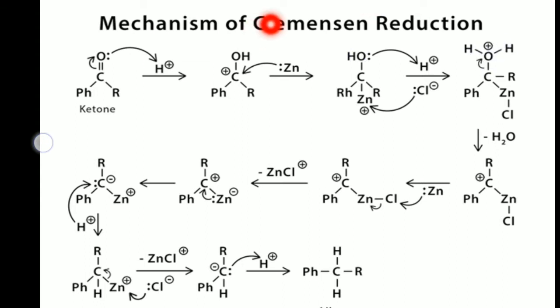Similarly, Cl minus ion in HCl adds with zinc to produce this compound. Due to the removal of H2O, we get another carbonium ion.